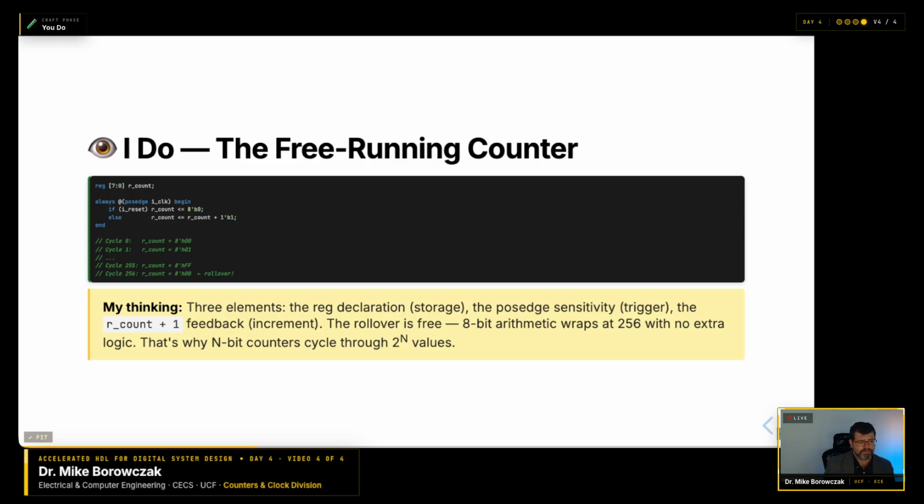So that's the reason why we roll over: we've exceeded on that last carry. There's nowhere to carry to, and so the remaining lower 8 bits, the 8 bits we have, are all 0. That 9th bit would have been a 1, but we're not storing it, so free rollover here.